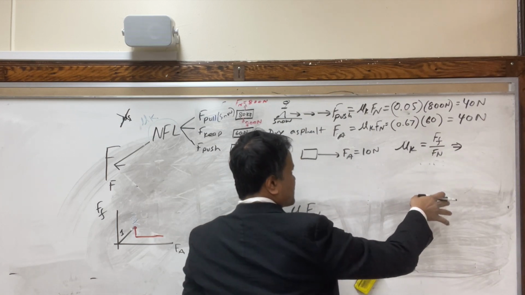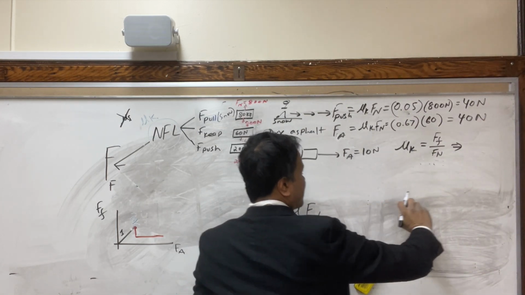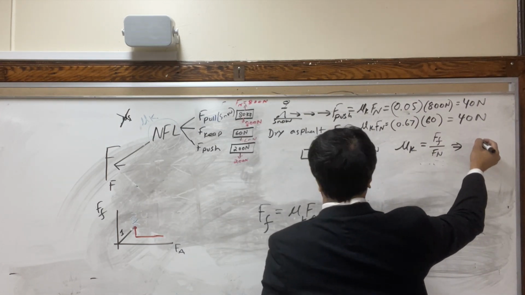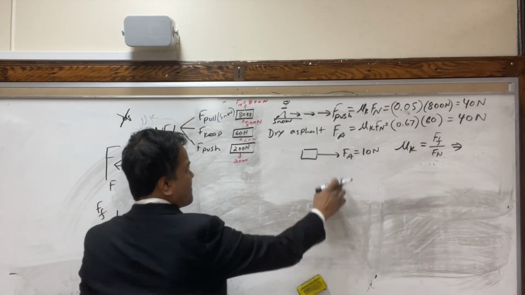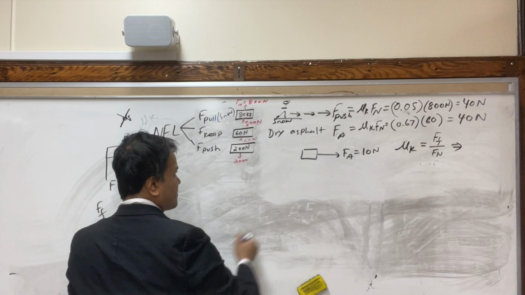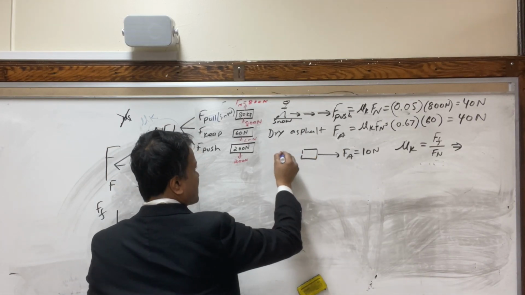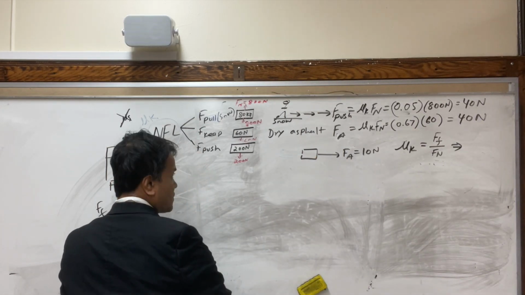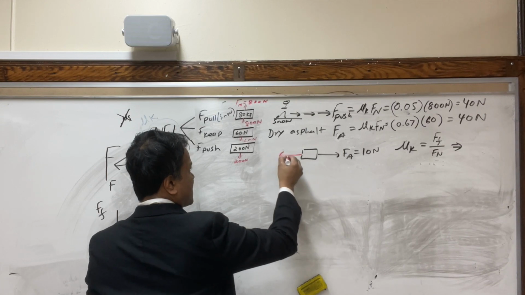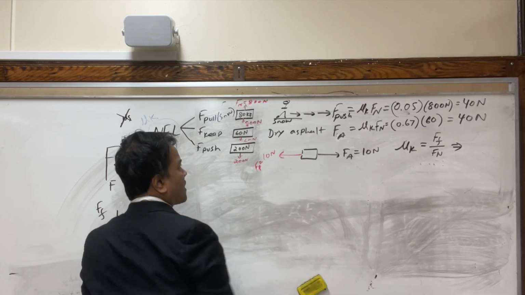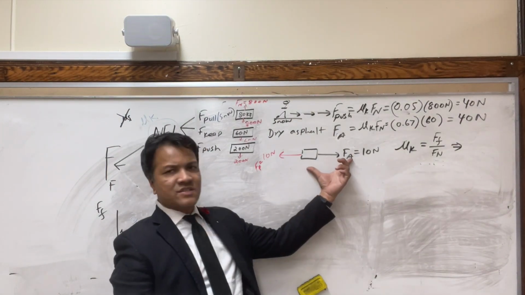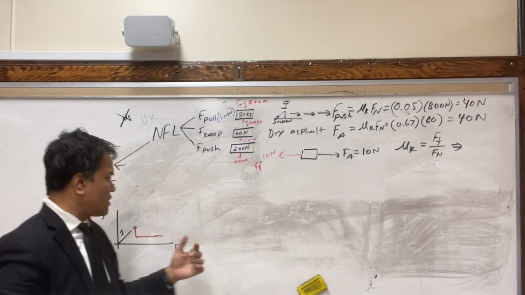Ff is of course, what do you get? I didn't give you Ff, but Ff must be equal in magnitude, opposite in direction. So Ff must be 10. Why? This is constant velocity. I told you this is over here.